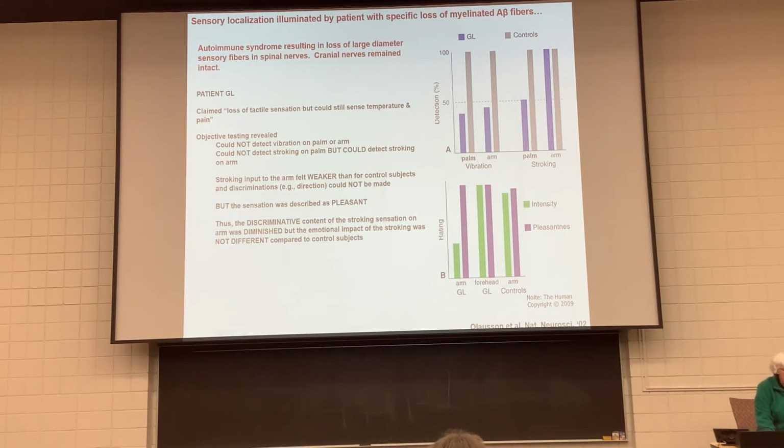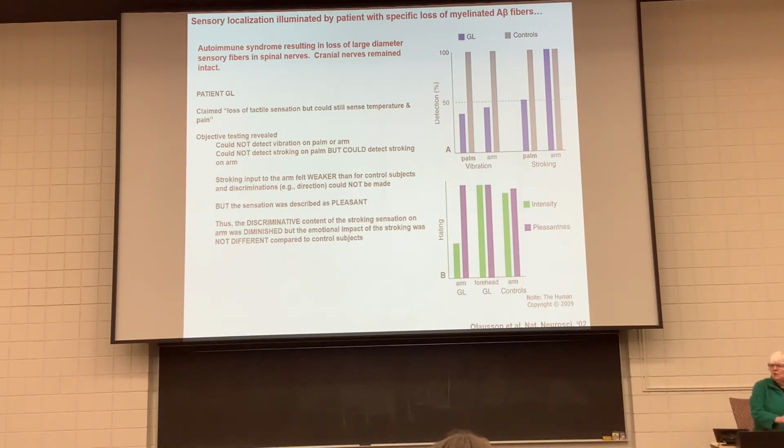The next experiment they did: she couldn't tell you anything about intensity. They changed GL to green here, and control to purple. But if it was on the arm, she could tell you it had a nice feeling.